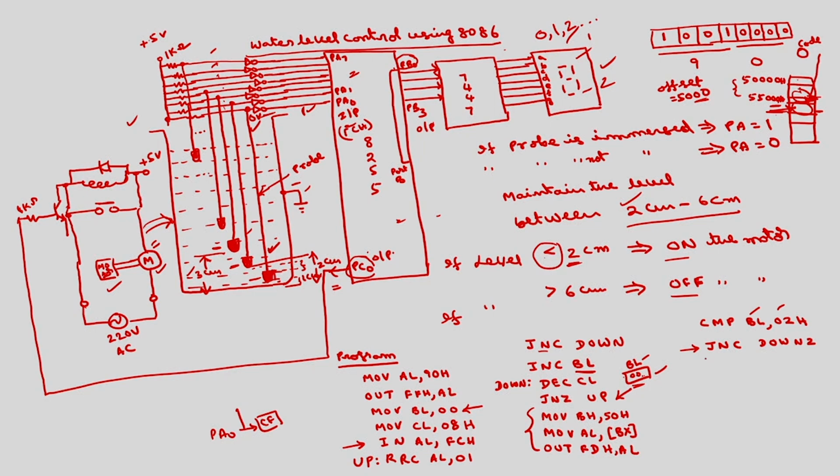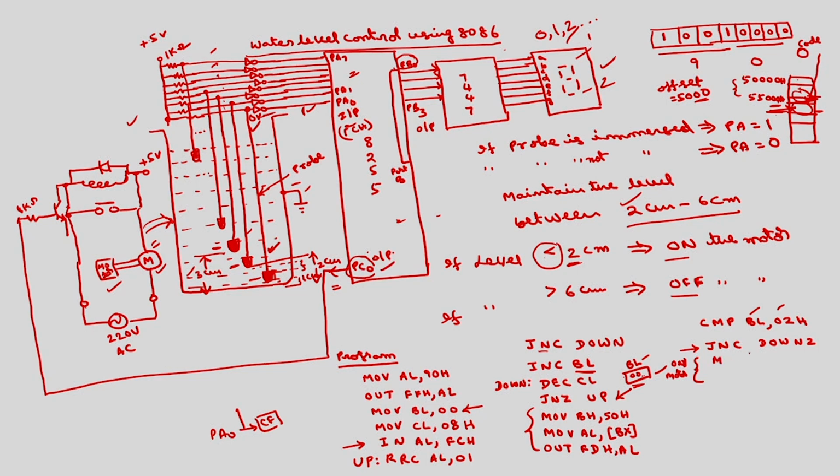Okay. So here what you have to do? You have to write the program to on the motor. So now to on the motor, PC0 is connected simply. This is a very simple program.